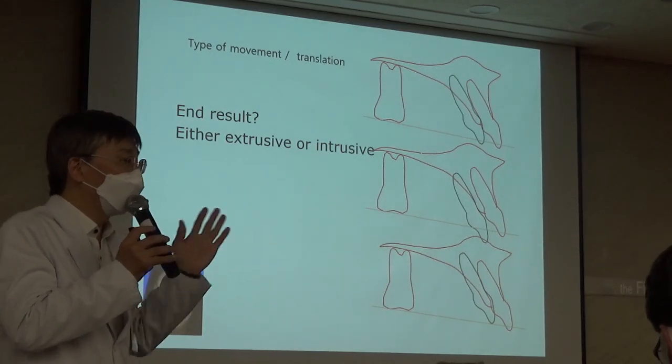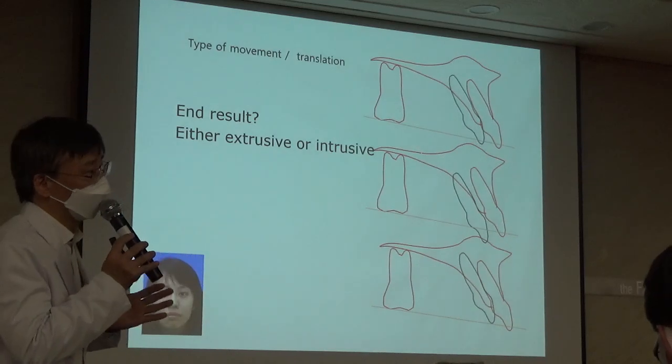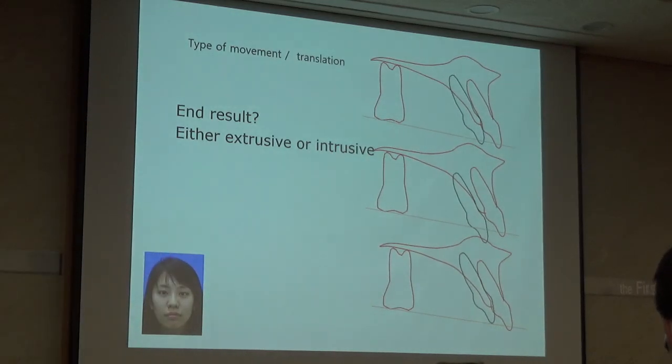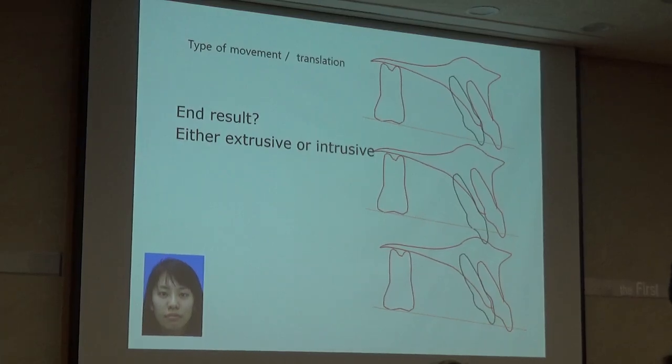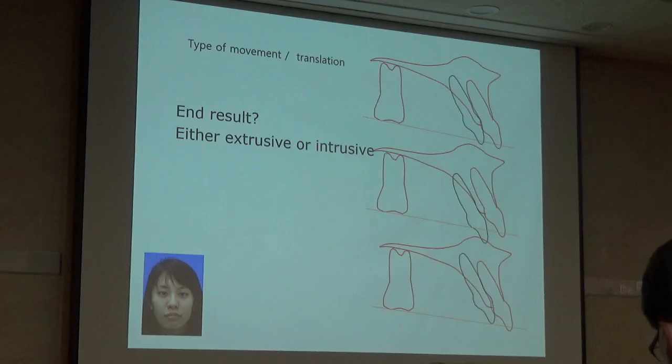That is visualized treatment objectives. And how many times do you have to set up the visualized treatment objectives in a single case? I do that every visit, every appointment. Based on that, I'll decide what kind of wire and what design of appliance I have to use for that appointment. All right?